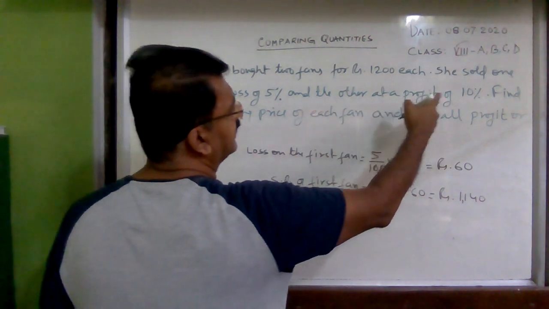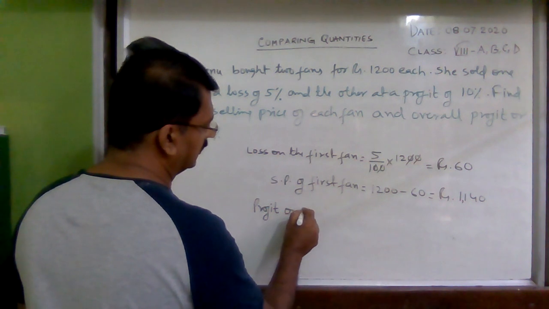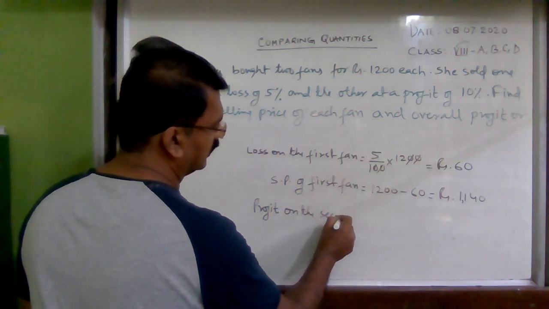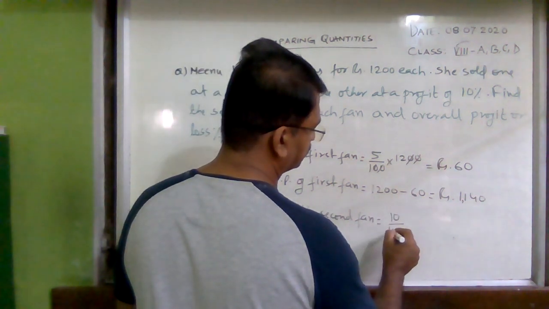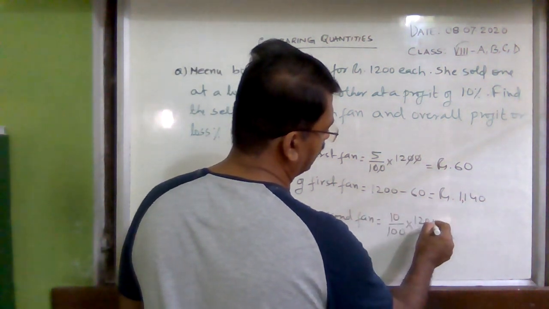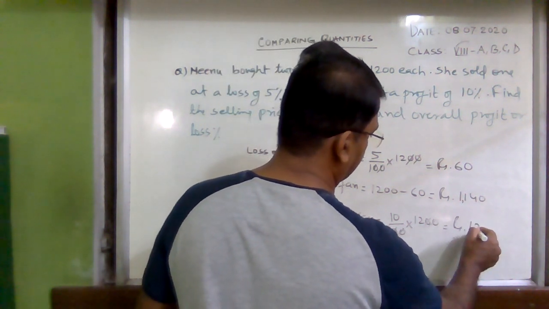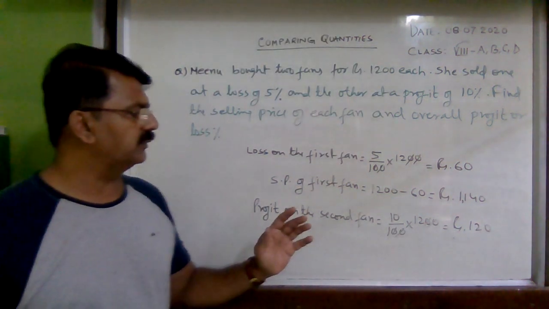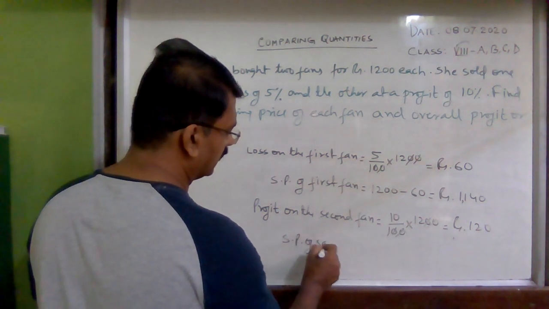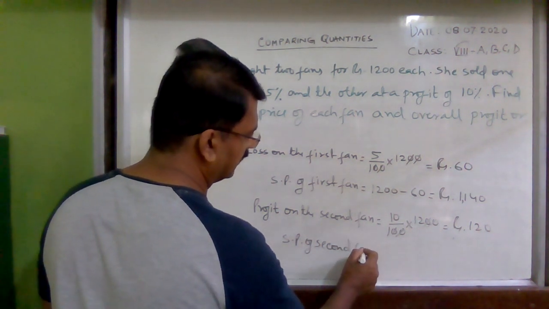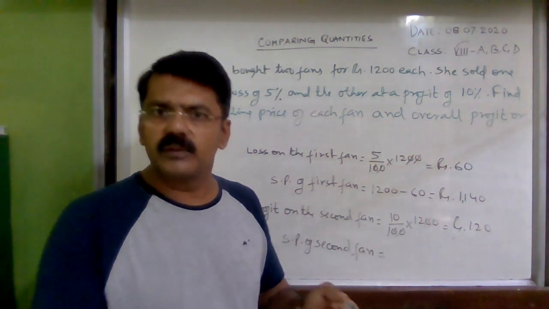Now on the second fan there is a profit of 10%. So profit on the second fan, 10% of 1200, is equal to rupees 120. So you can see there is a profit of rupees 120. Now SP of second fan will be equal to, in the CP when you add the profit then you get SP.